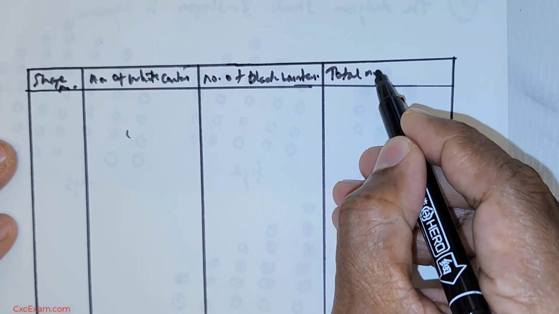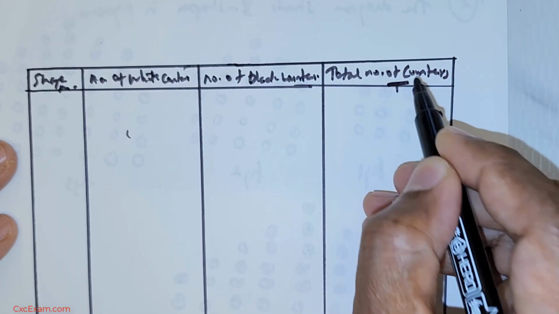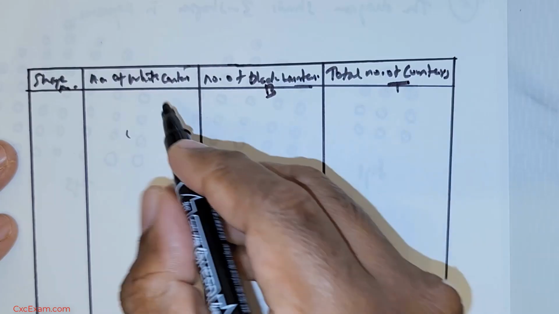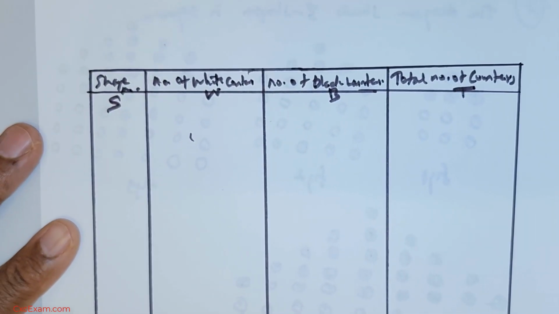This is total number of counters. This is T, B, W, and this is S.